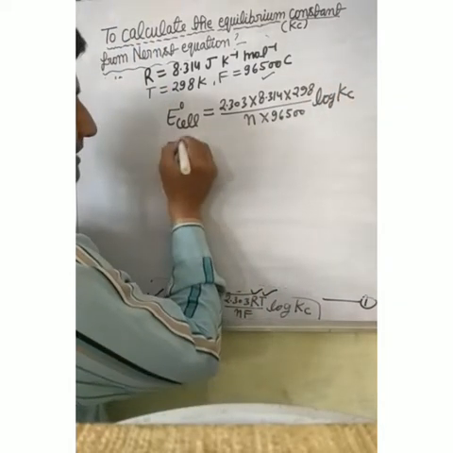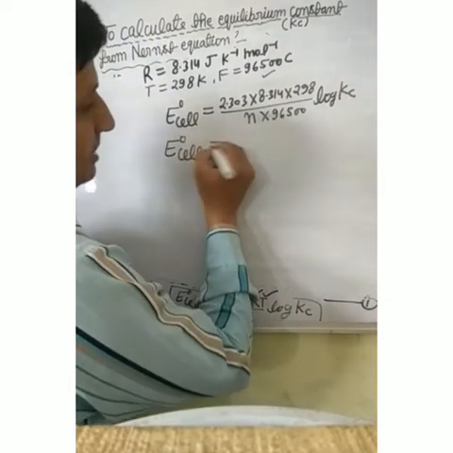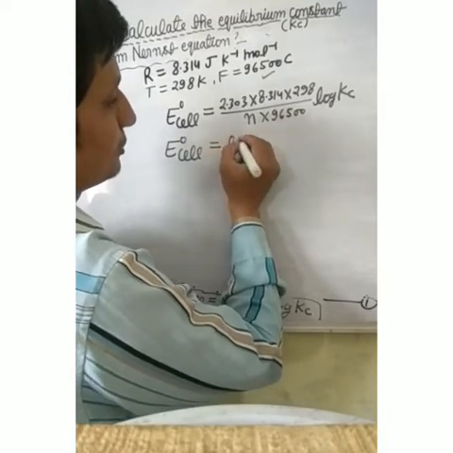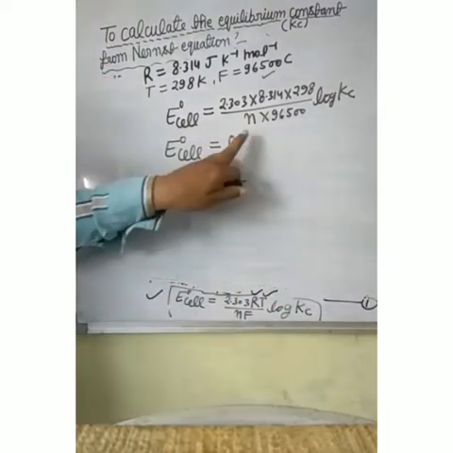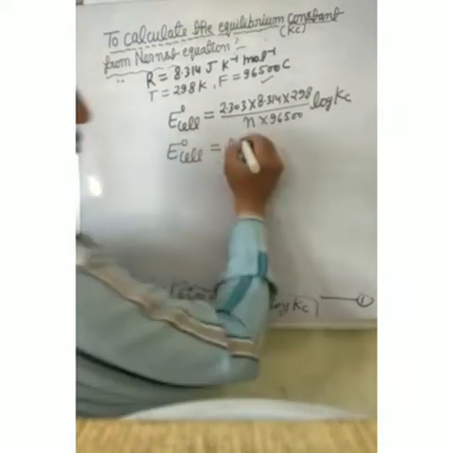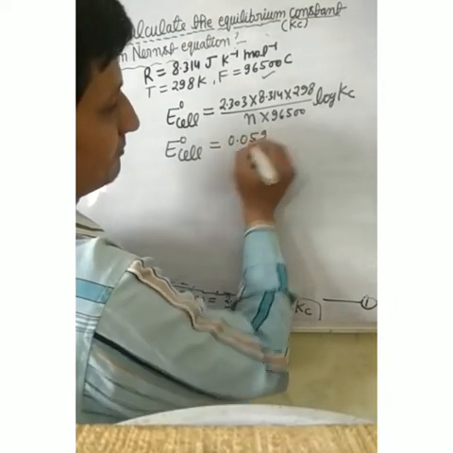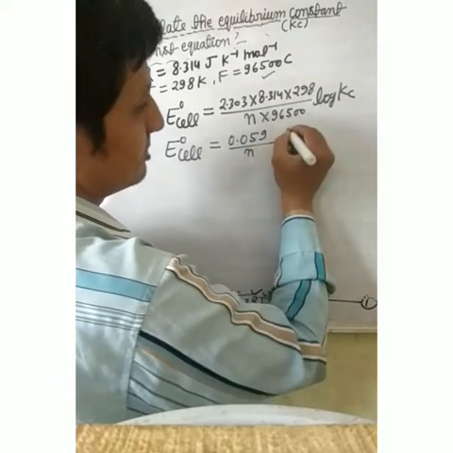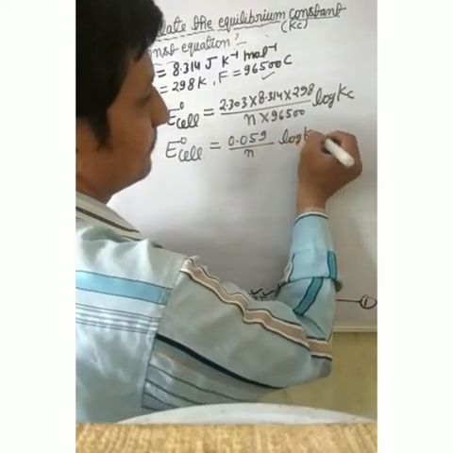When we solve it, we get E naught cell is equal to 0.059 upon n log Kc.